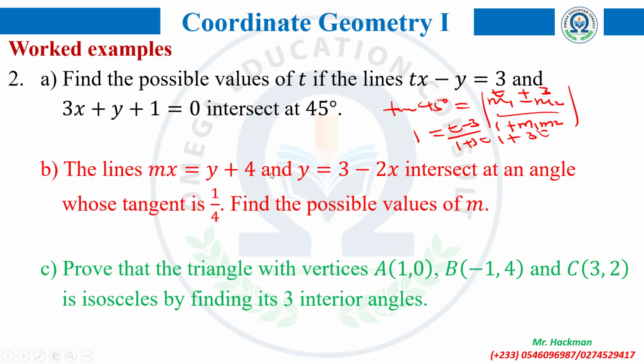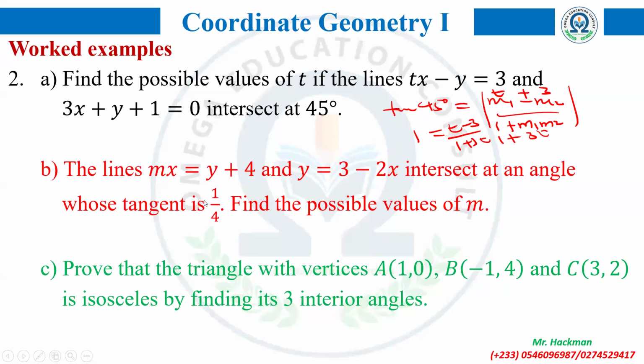All right, so quickly, let me also say this. To walk you through this, the lines intersect at an angle whose tangent is what? 1/4. So this time round, you've been given the tangent of the angle. So what you have here is rather tan theta.